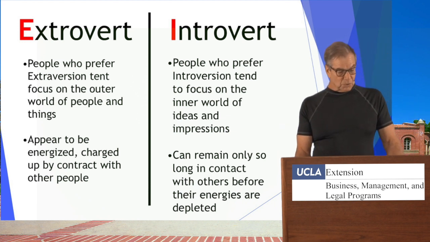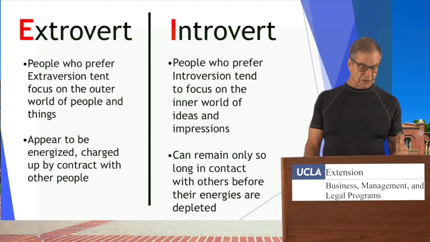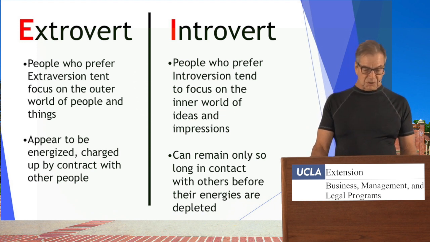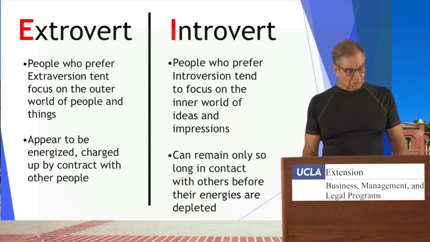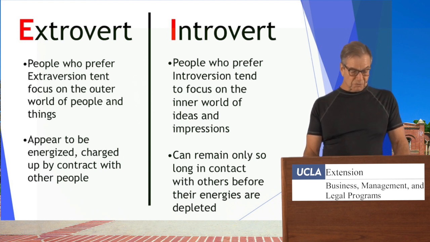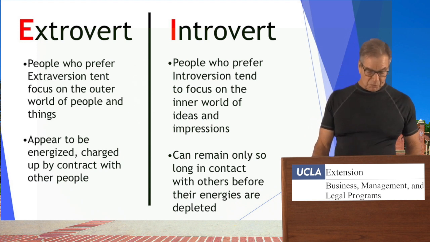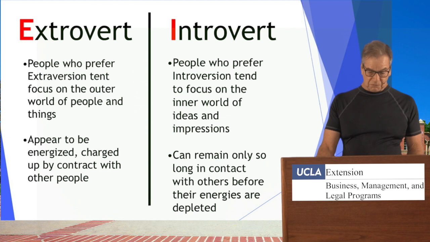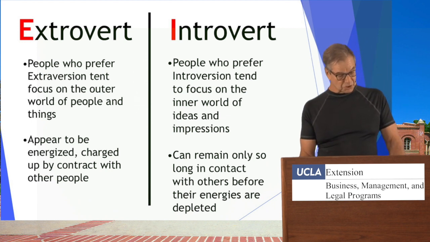So I'm not going to read all these in detail since we've already kind of gone over it, but this is just some more information. People who prefer extroversion tend to focus on the outer world of people and things, whereas people who prefer introversion tend to focus on the inner world of ideas and impressions.